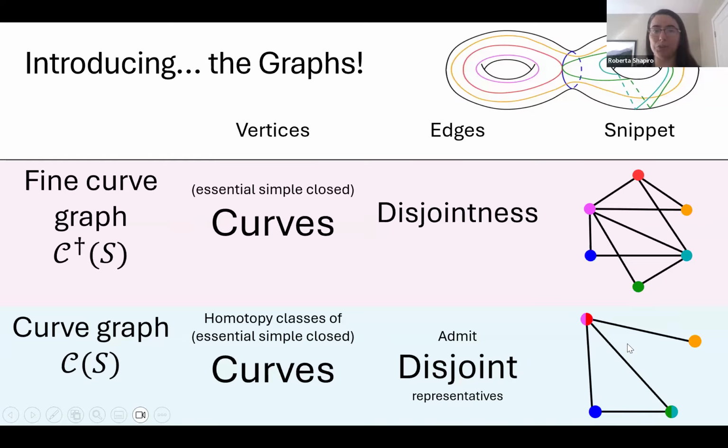So we have this new object. It encodes something slightly different about the surface, but it is much bigger. And so one of the questions we can ask is, if the graph is bigger, does it actually hold any new information, dynamically, combinatorially, etc., or are we just stuck where we were?